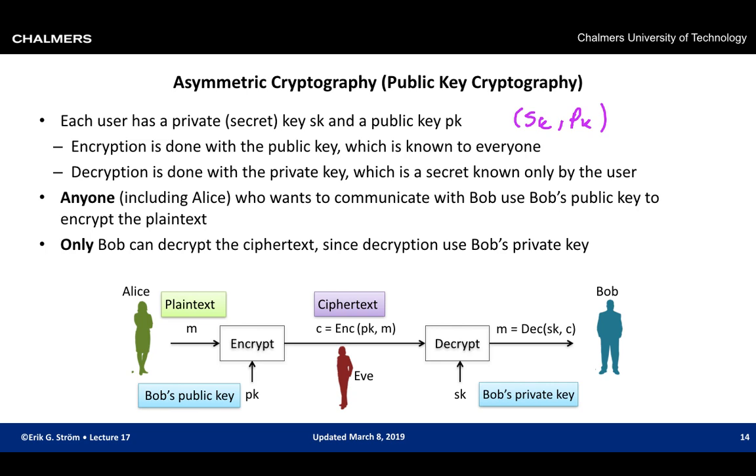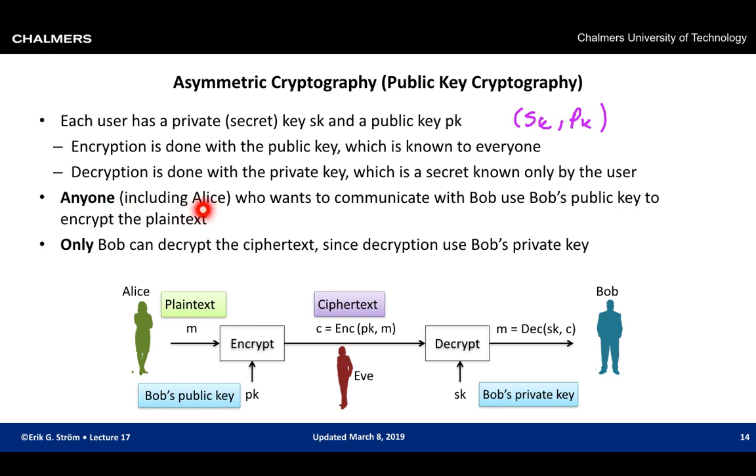So what does this mean? Since we do encryption with the public key, that means that everyone can do encryption, because the key is free for everyone to use. So Alice can obviously use this, but all other people can do it also.